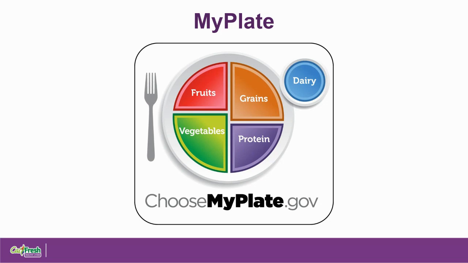Notice the red portion of the plate. It represents fruit. The green portion represents vegetables. MyPlate shows us that half of your plate at each meal should be filled with fruits and vegetables. It is important to eat different kinds of fruits and vegetables for meals and snacks to stay healthy.